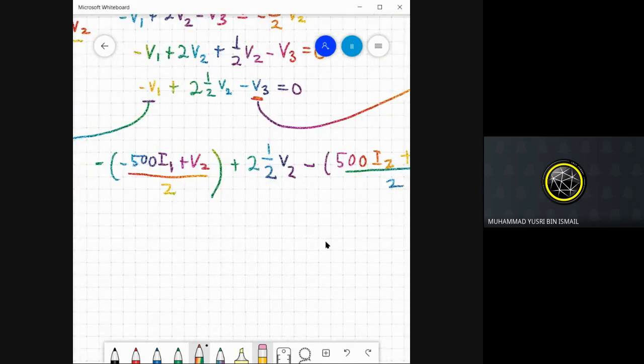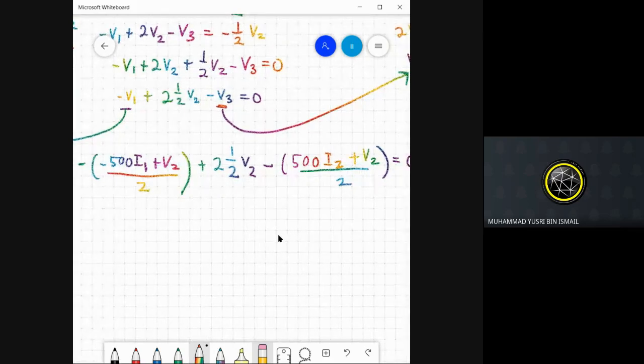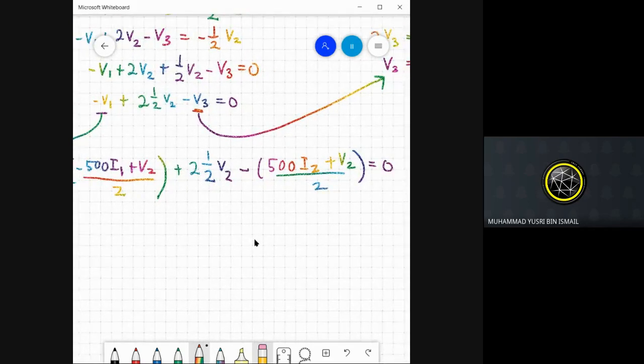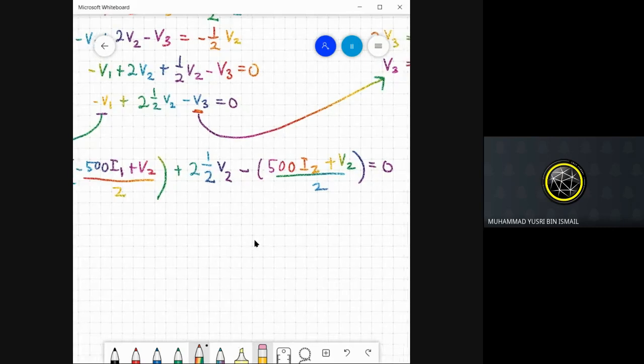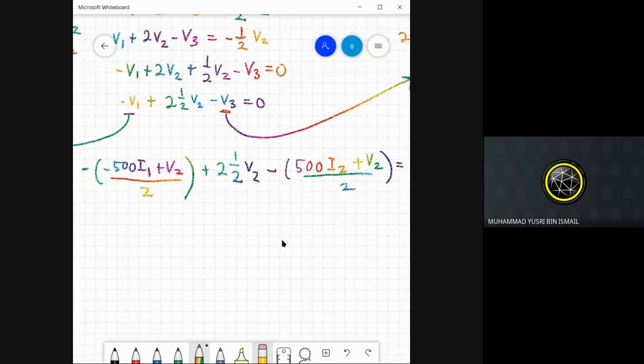Okay. So now you have all of the voltages in terms of V2 and I1 and I2.